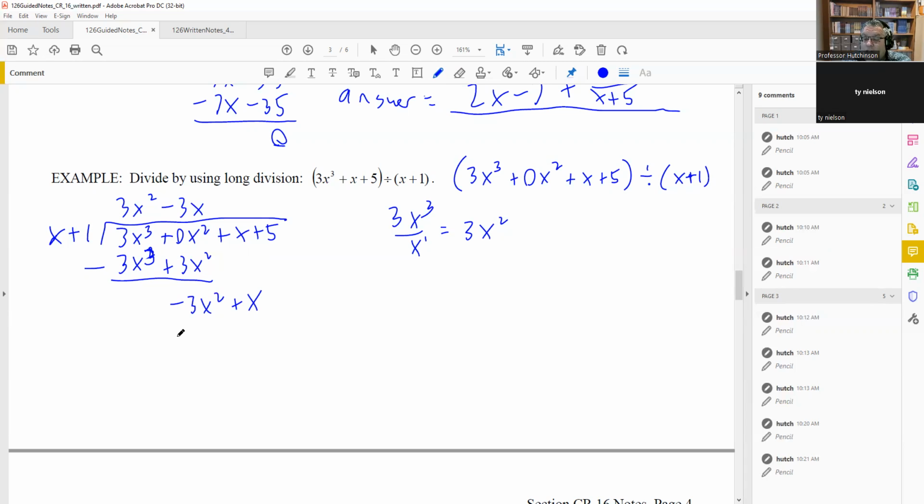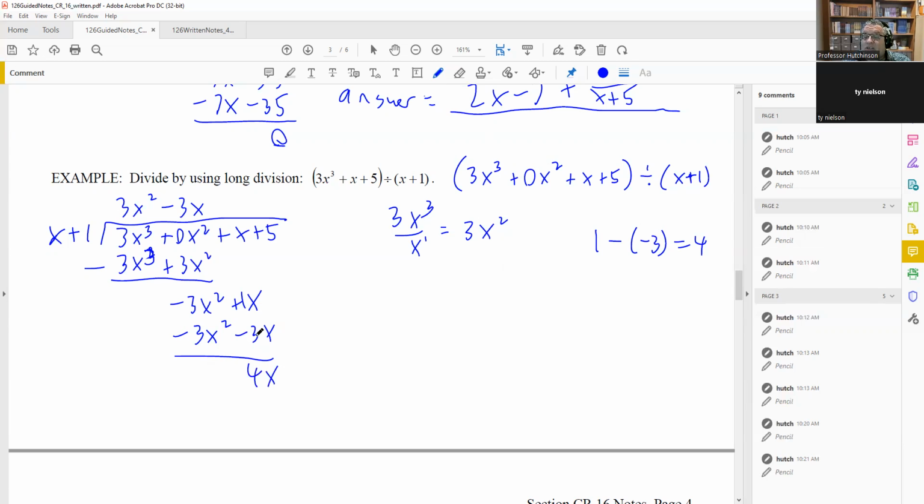Multiply this by both things on the outside, negative 3x squared minus 3x. You subtract those. Now be careful here. To get this answer, we have to take 1 minus negative 3. So if I do 1 minus a negative 3, I'm going to get a 4, just working with the coefficients. So that's actually going to be a 4x.